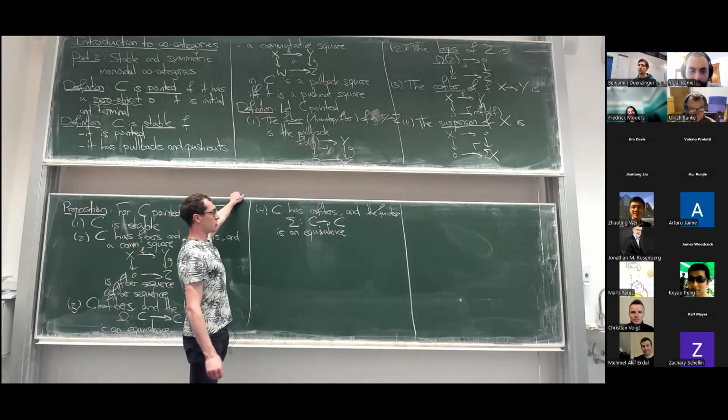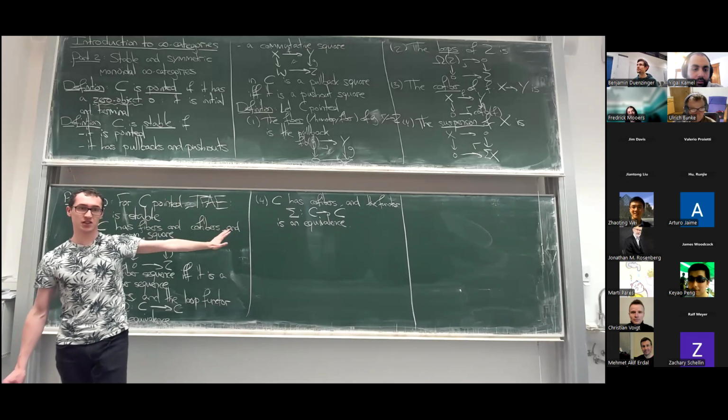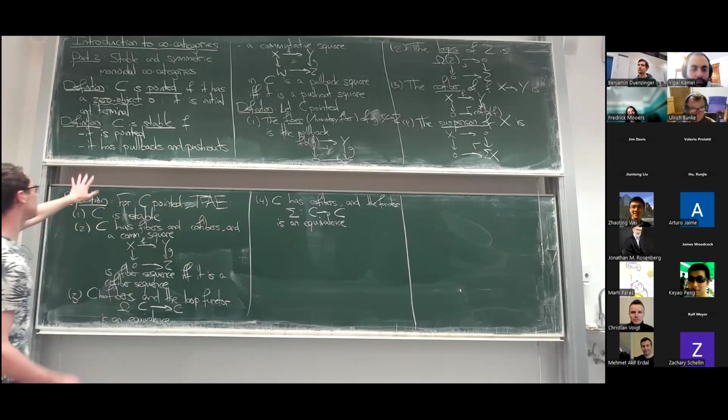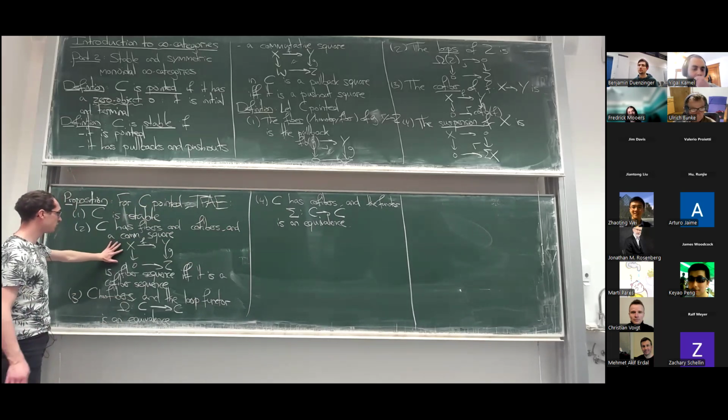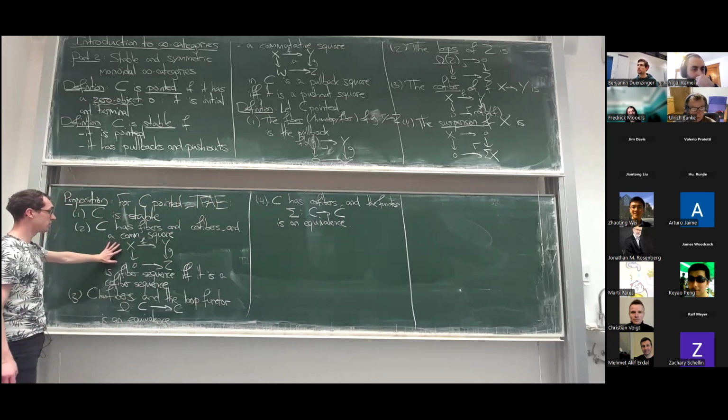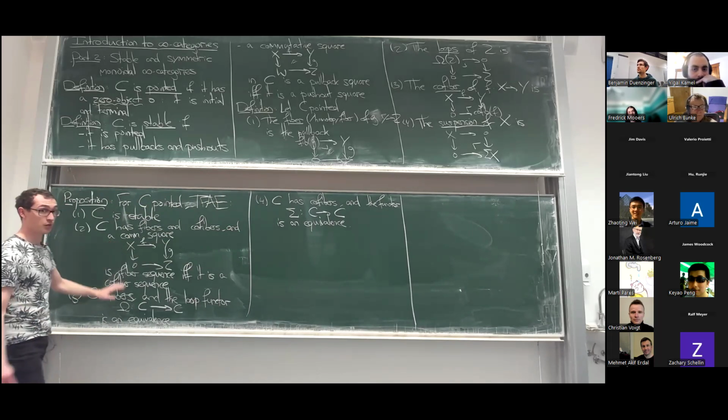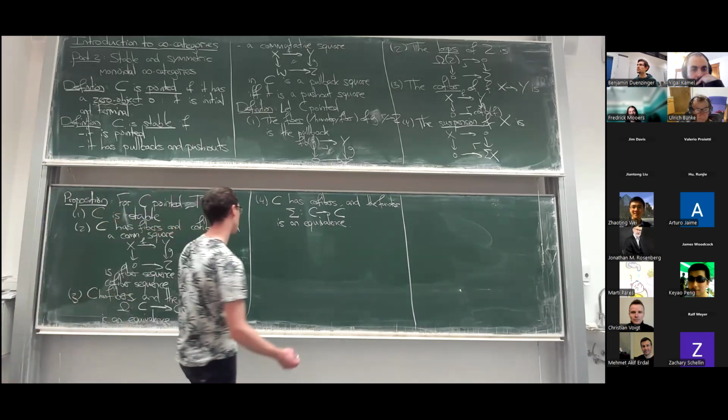Okay, so I want to sketch a little bit of proof of this statement just because it might give you some intuition. But before I do that, I want to make a remark about this second property, and I want to relate it to a property you're familiar with in the context of abelian categories.